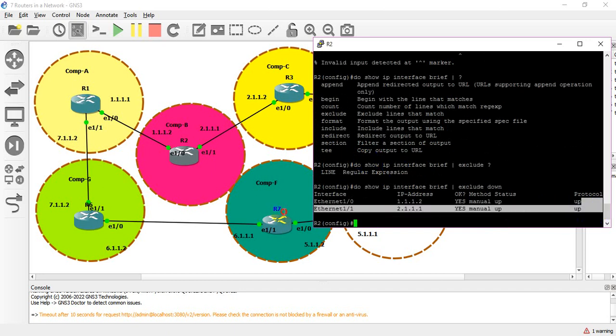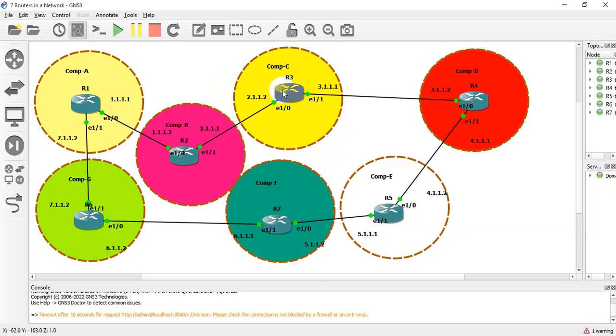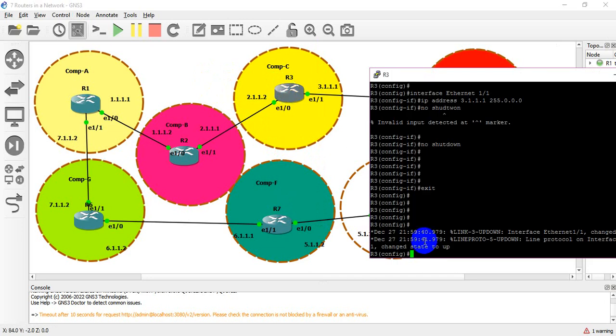Yes, these ports are up for communication and IPs assigned. Okay, let's check this router.